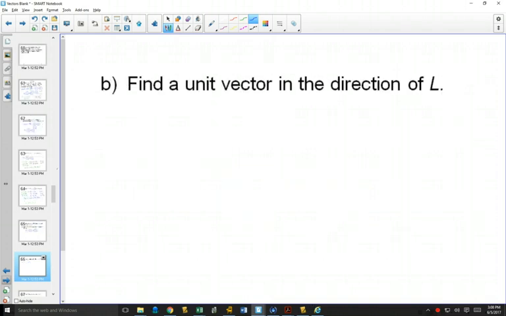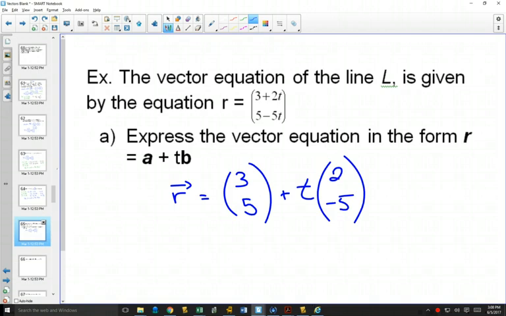And then we bring back some old ideas. Do you remember what the unit vector was? A unit vector in the same direction as this line. First of all, what is the direction of this line?